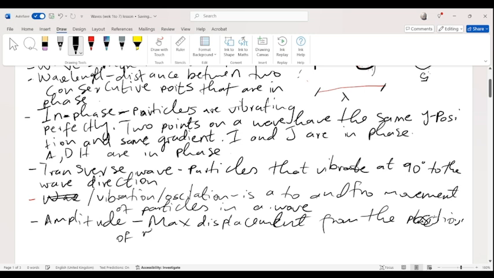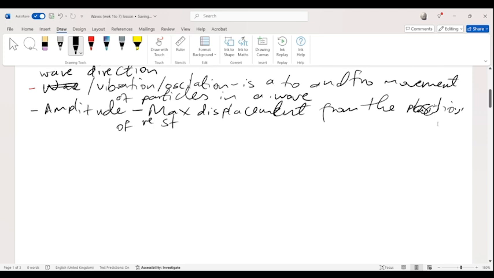We also have a term like frequency. When a wave is moving, we need to count how many times the wave has passed a specific point.